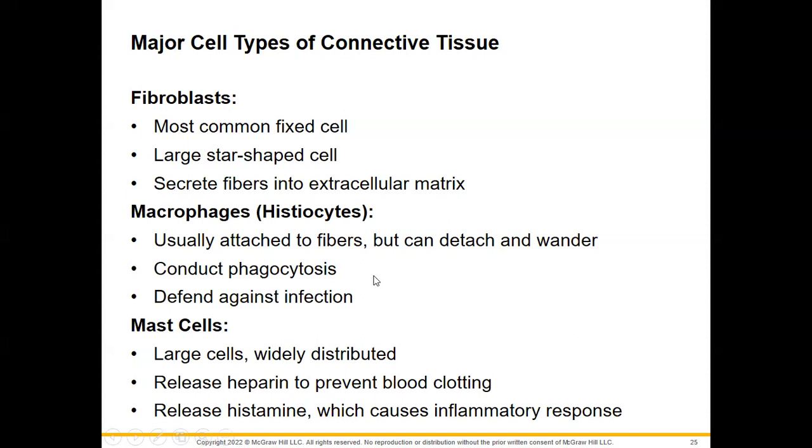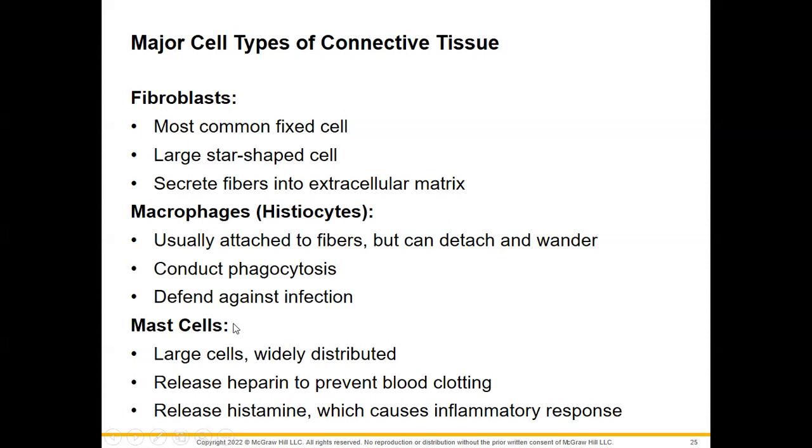The way it helps the body heal or clear out infection is to eat up the cells or the particles that are infecting the body. Macrophages are also called histiocytes. Histiocyte, right? Histio, tissue, cyte, cell.